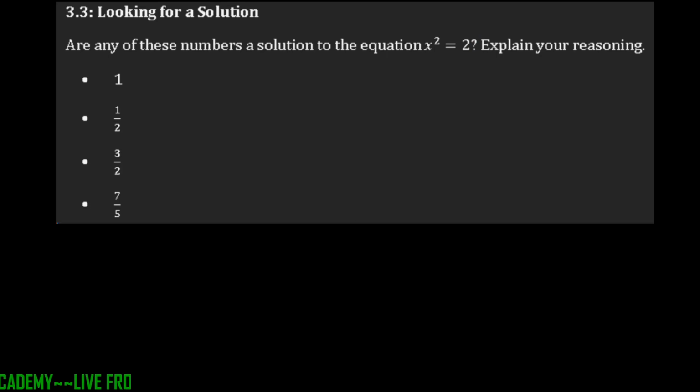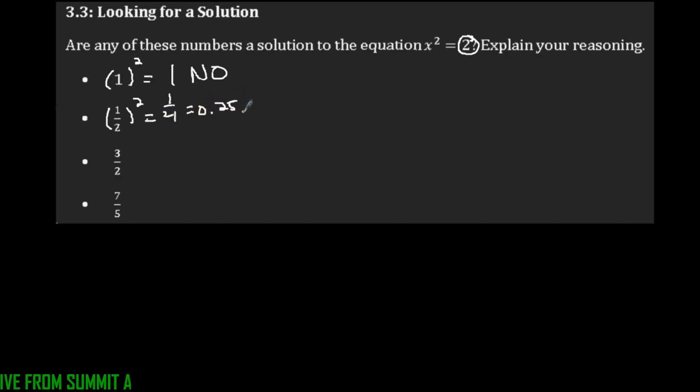So for each of these, I'm going to raise it to the second power. So that is equal to 1, which is no, because I'm trying to equal 2. If I raise this to the second power, I get 1 over 4, which is equal to 0.25, which is also no, because I'm trying to get 2. How about if we try 3 over 2?